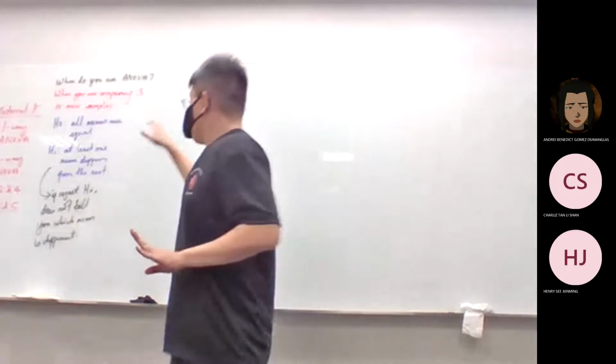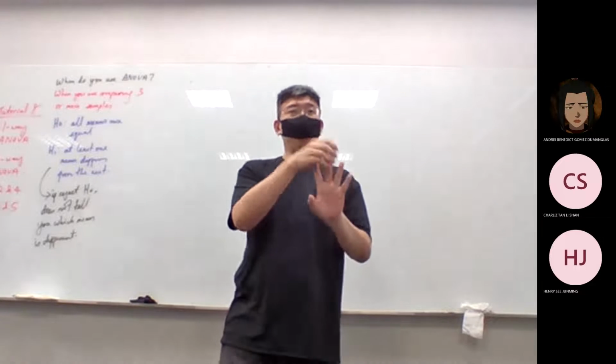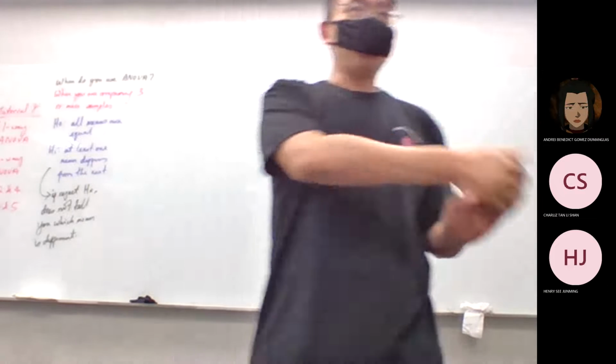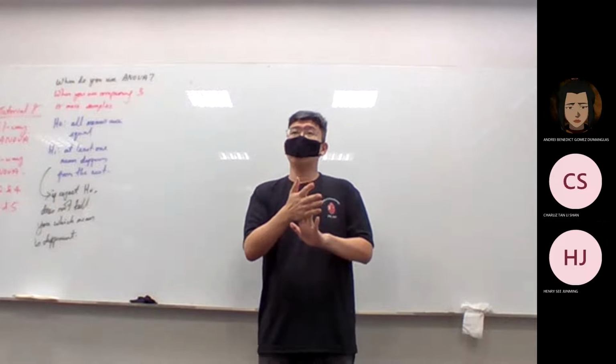So let's say you have only three samples, A, B, C. If you reject null hypothesis, it doesn't tell you that A differs from B or C, B differs from A and C, or C differs from A and B. It doesn't tell you that.